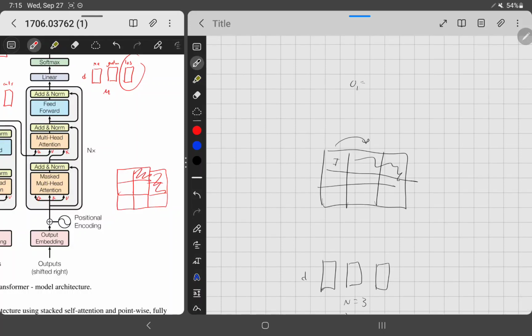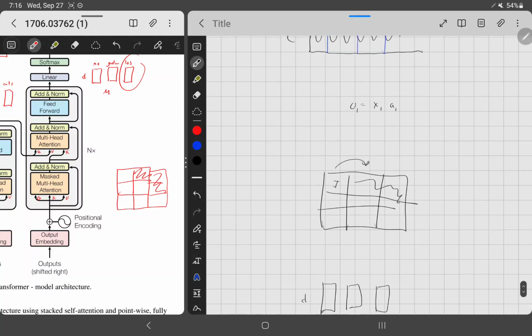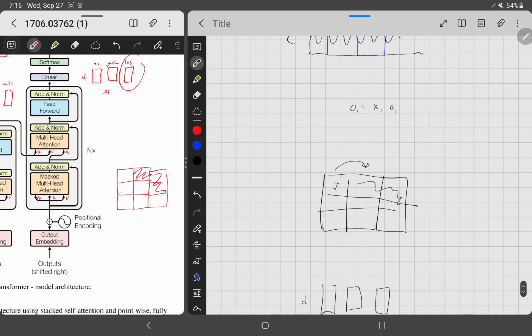Say the output o1 is just x1 times the attention value of that, which would just be 1. And you bring this up the layers, and o1, your first word, will only be a combination of the first word itself. So everything in the past, which is nothing, it's just the word I. You send this through the linear layer, and you get your prediction for the next word.